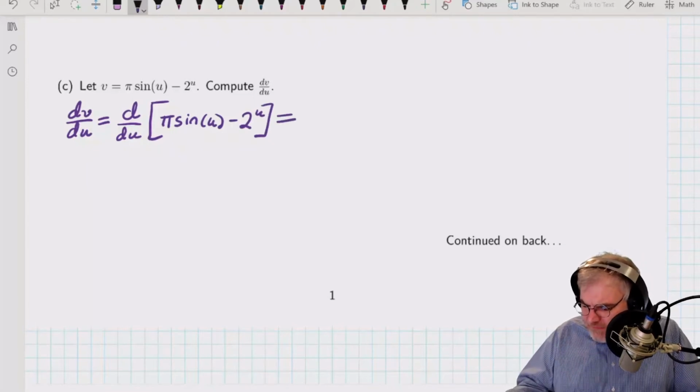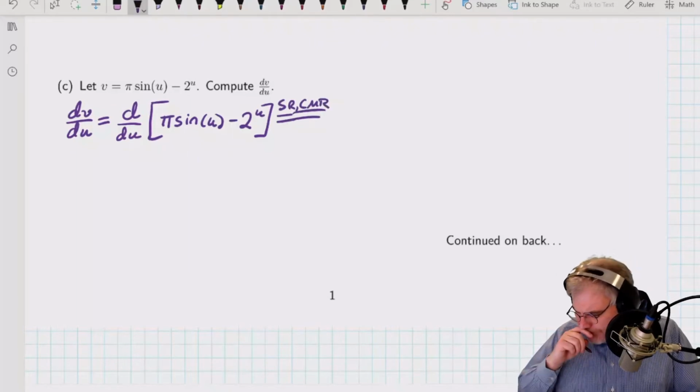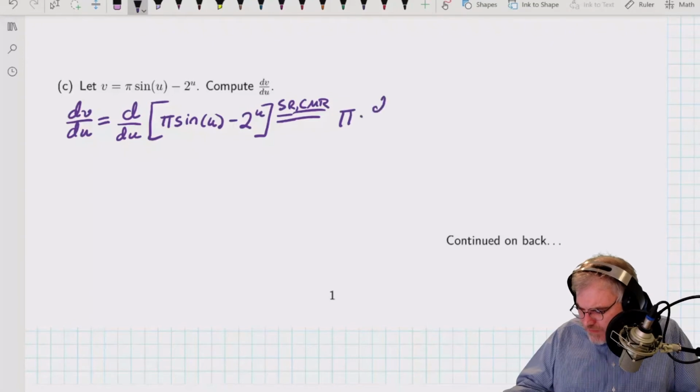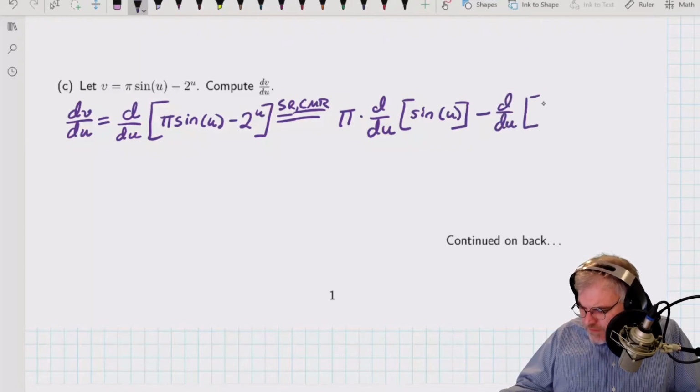This one's got some stuff going on here. So I'm going to get pi times d over du sine of u. This is a constant, so it just stays. Minus d over du 2 to the u.